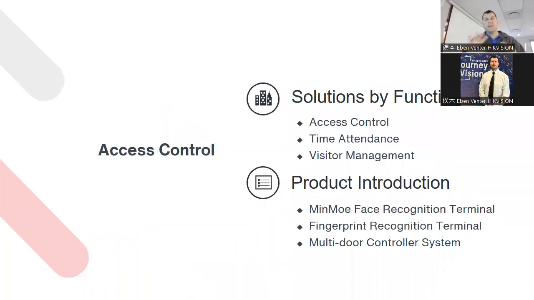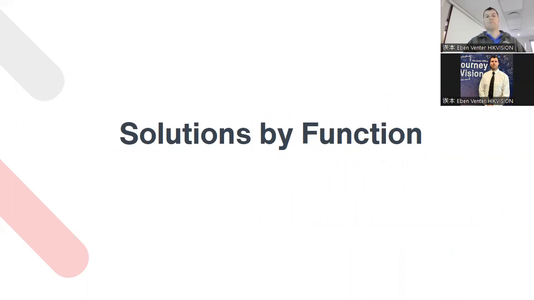So just to give you a little bit of brief information about access control, my apologies, access control is basically going to be time and attendance, visitor manager. Then we're also going to be looking at the different terminals from the MIMO terminals all the way to the fingerprints and the multi-door control system itself.